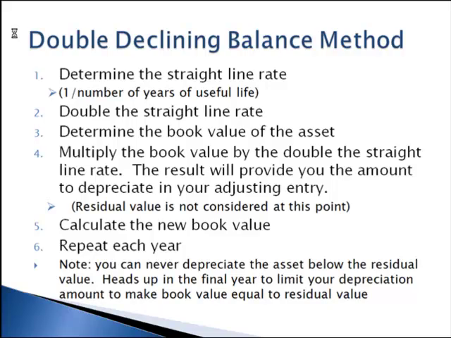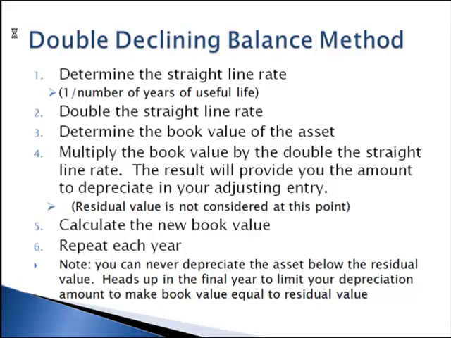Step 2 is to take that straight line rate and double it. So if it was 20% and we doubled it, it would become 40%. And so that's the amount that, using the double declining balance method, we get to write off in an accounting period, 40%. Step 3 is determine the book value of the asset. And in year 1, that's very easy to do because there's no accumulated depreciation.